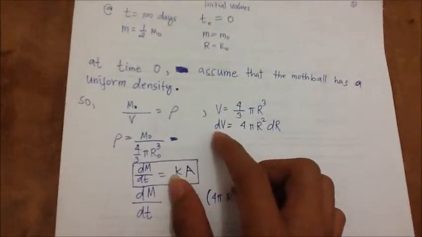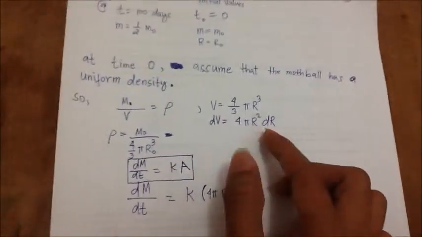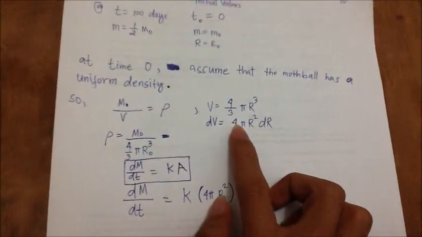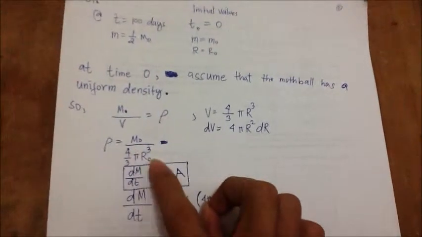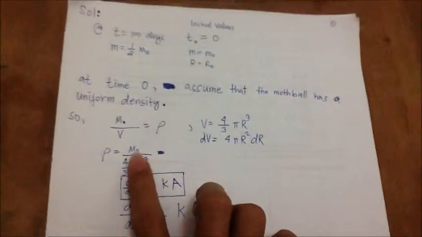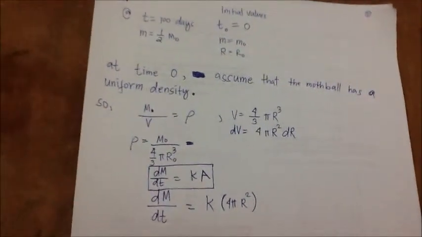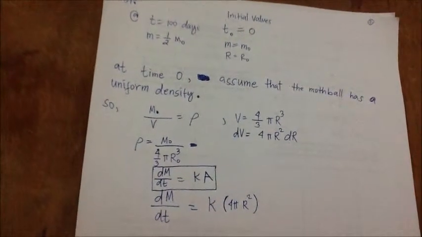So its derivative is dV equals 4 pi r squared dr. Plugging in the initial values, our density is equal to the initial mass over 4 over 3 pi r initial cubed.